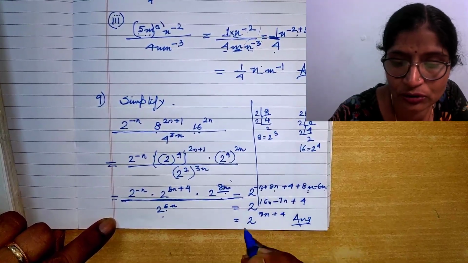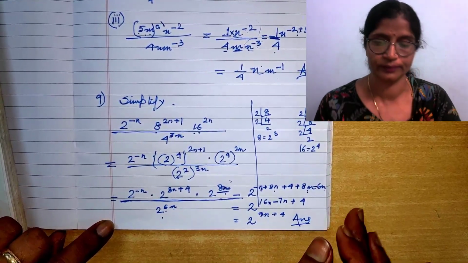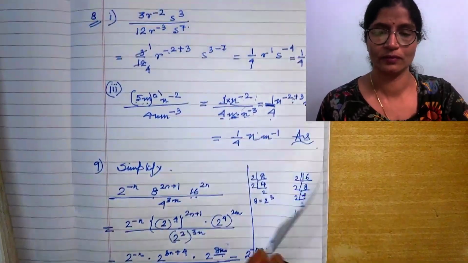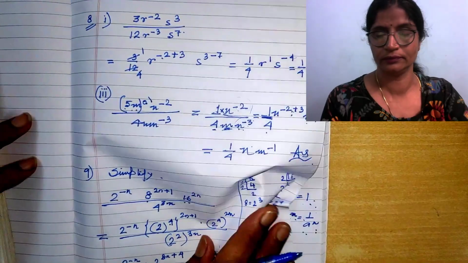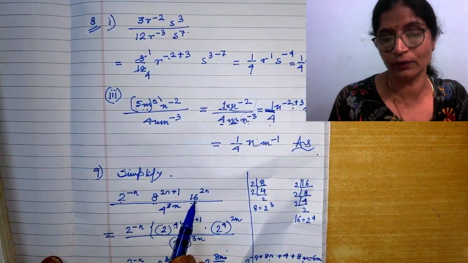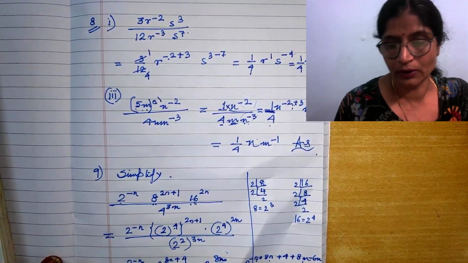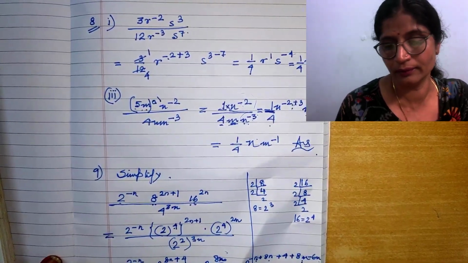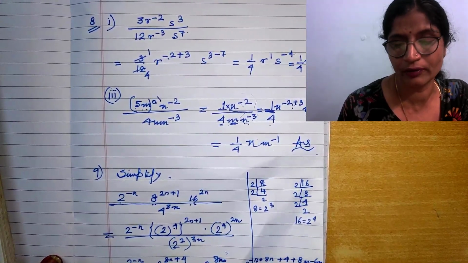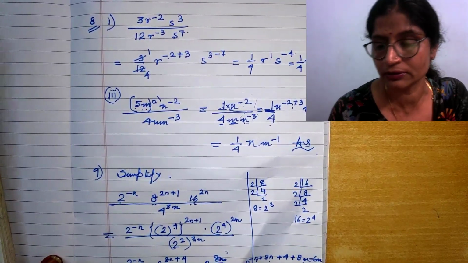So your answer is 2 to the power 9n plus 4. So here everywhere I will convert it into 2 to the power whatever, and then the powers will be added if multiplication, and if it is in the denominator, then the power will be subtracted.